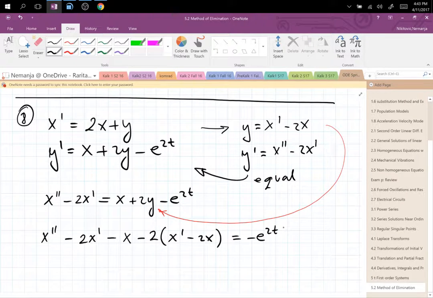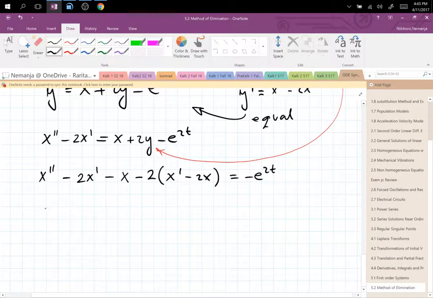Now when we set these two equal to each other, we eliminate y prime, and everything is in terms of x now. Now we gain x double prime in the process, move everything to the same side, distribute and collect like terms, and we are going to get constant coefficients, but this time we are going to have a forcing term. And we just solve with whatever method we have, right?